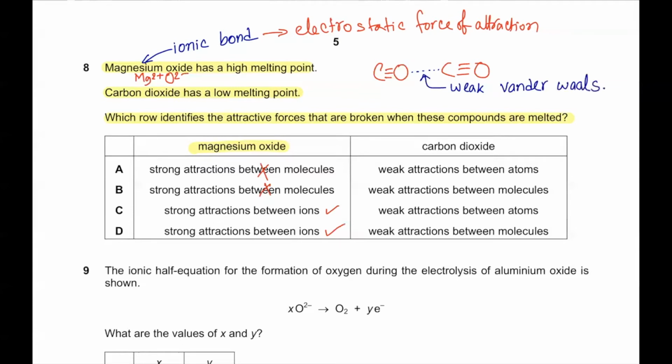However, there is a weak force of attraction between each molecule. This is a molecule, by the way, each molecule of carbon monoxide. So weak attractions between the molecules is exactly correct. All right, that is question number 8.